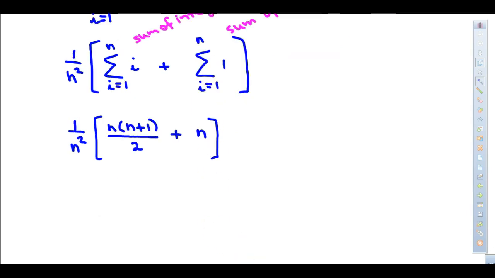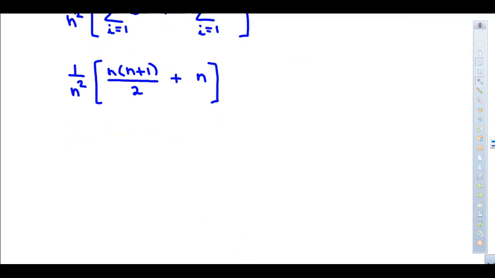So I've already done what sigma told me to do, and now all I have to do is simplify this formula. So what this gives me here is 1 over n squared times n squared plus n, all over 2, plus n.